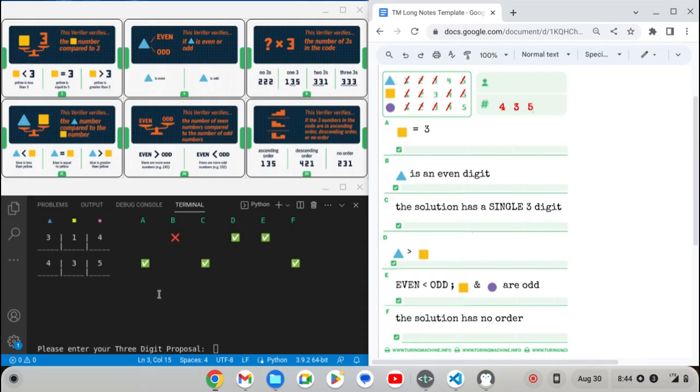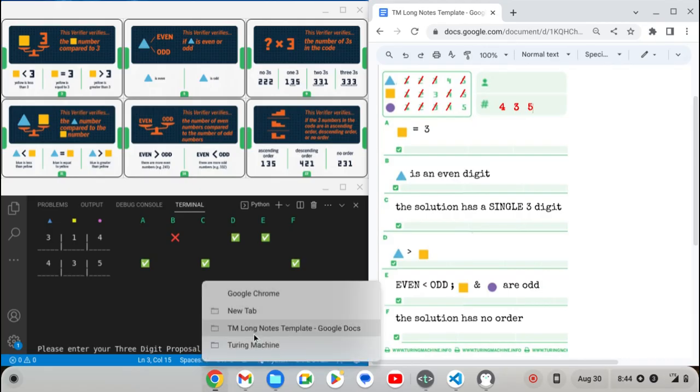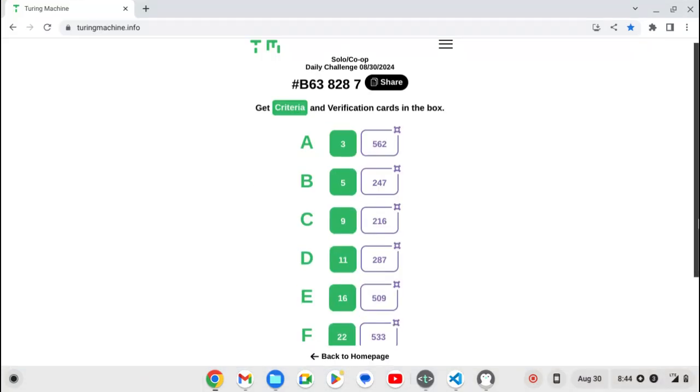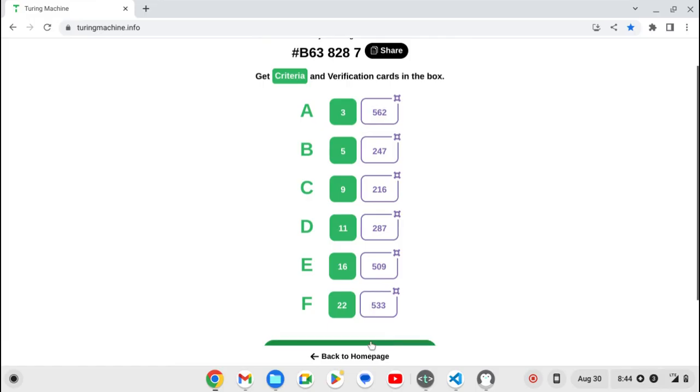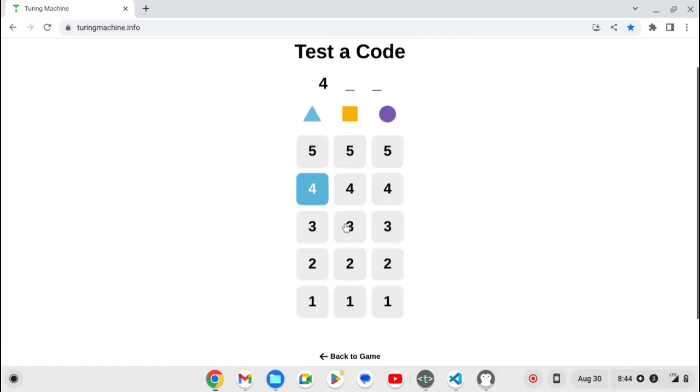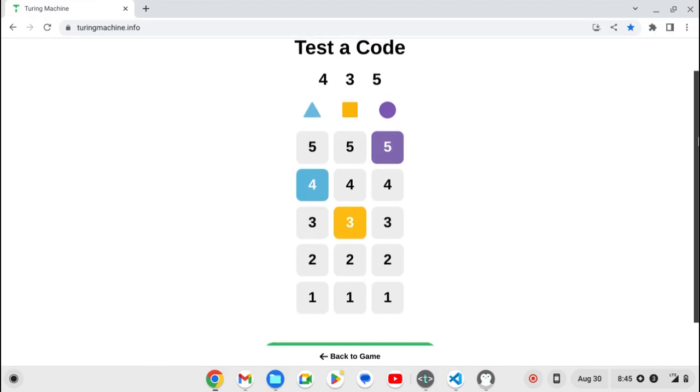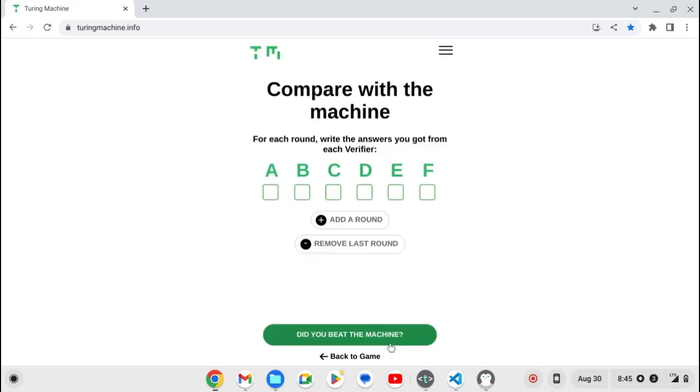Okay, well, let's go confirm that 435 is a solution. So 435. All right, fantastic. And now let's see, how do we do versus the Turing machine?